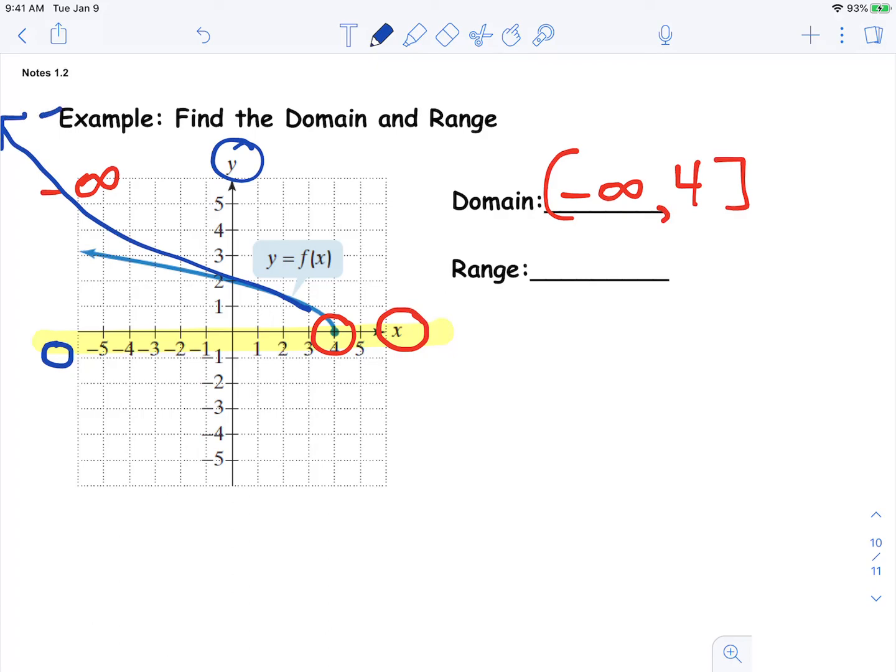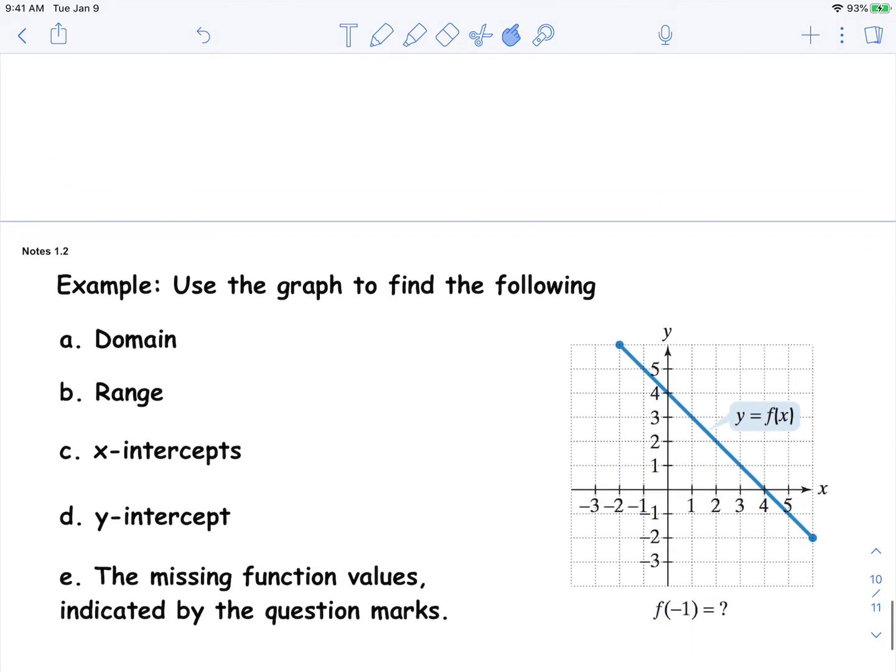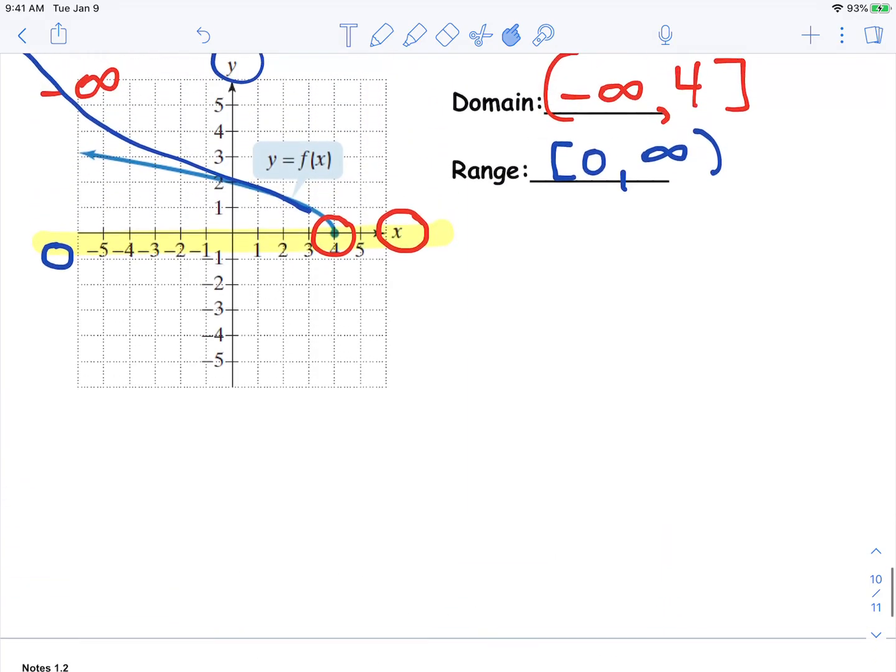It gets positive. So 0 to positive infinity. We'll stop there.